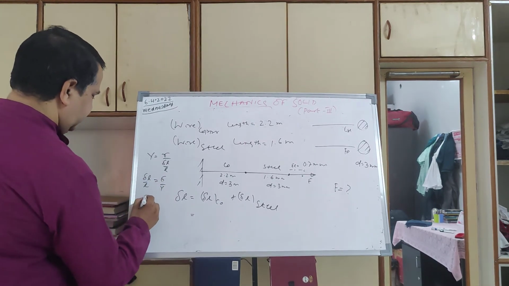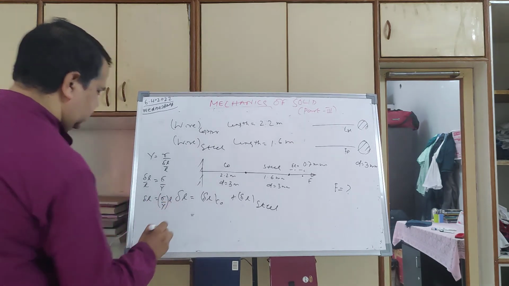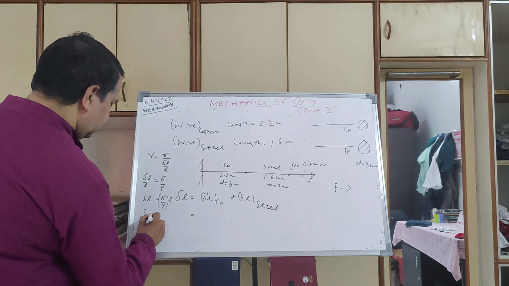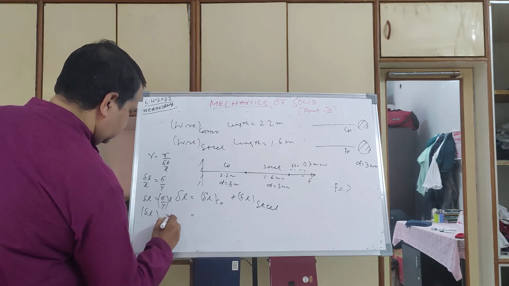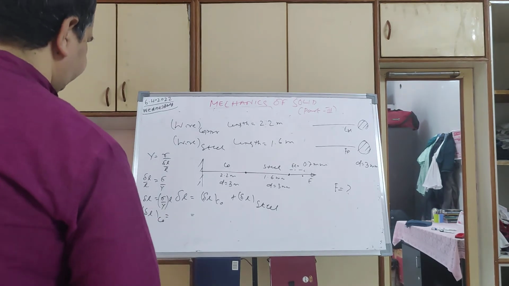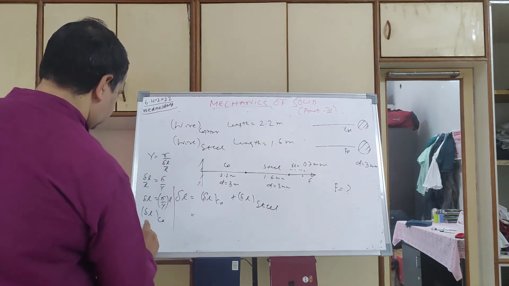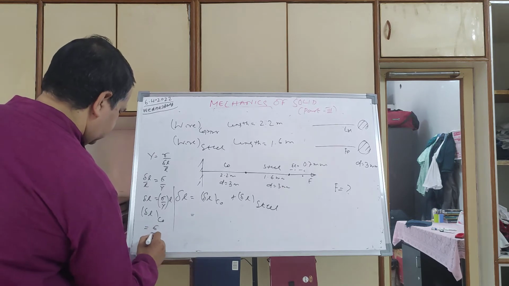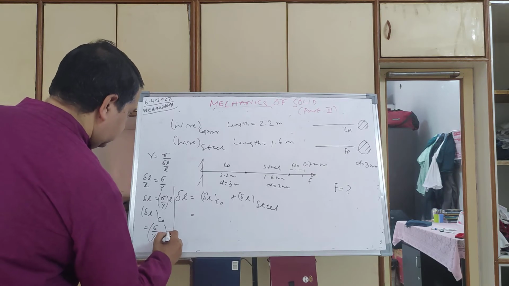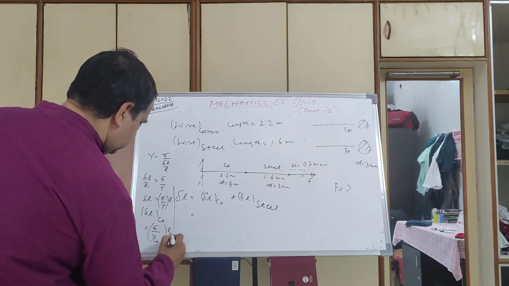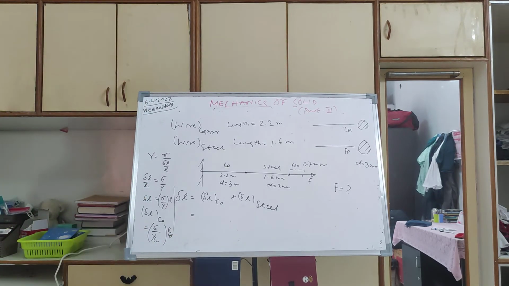So delta L is equal to sigma by Y into L. Delta L copper is equal to sigma by Y copper into length of copper, because the Y and the length of copper are different.